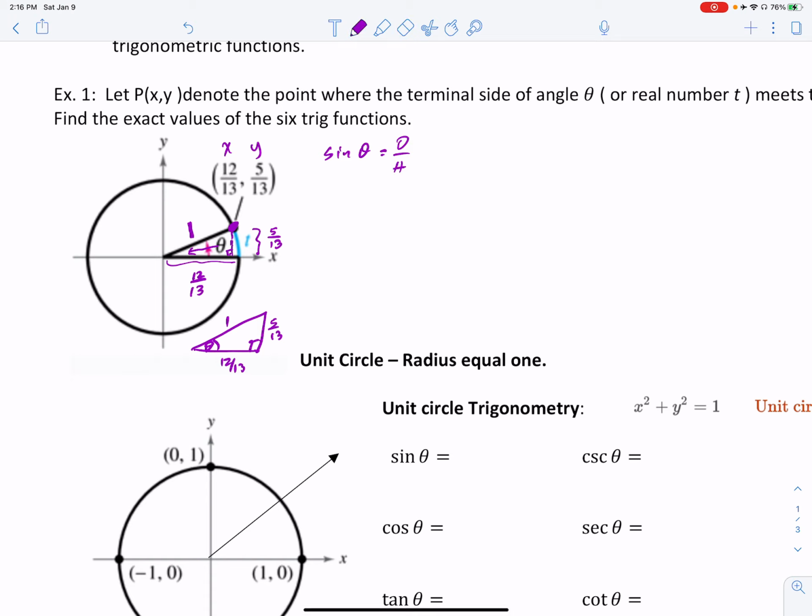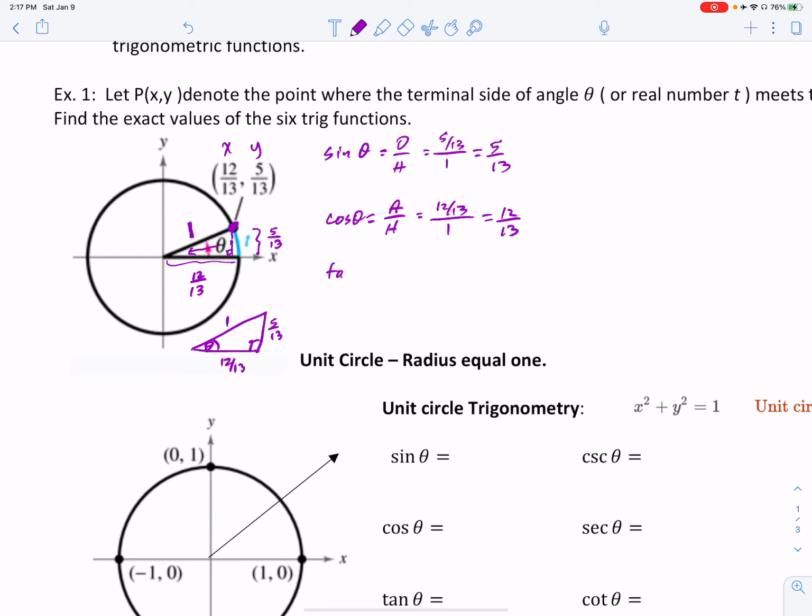If this is theta, the opposite is 5/13, but the hypotenuse is 1, so the sine is just 5/13. The cosine of theta is adjacent over hypotenuse. For that theta, the adjacent leg is 12/13, and the hypotenuse is 1. And so the cosine of theta is 12/13.